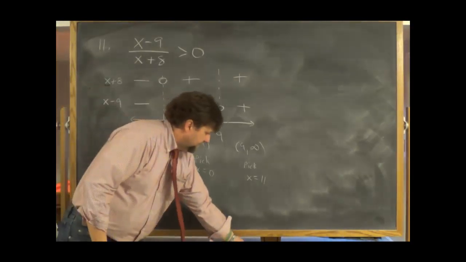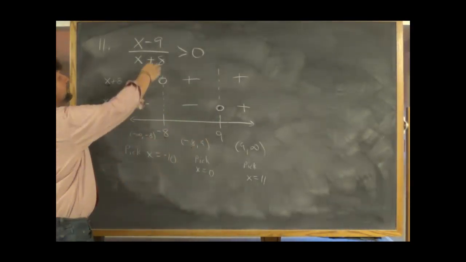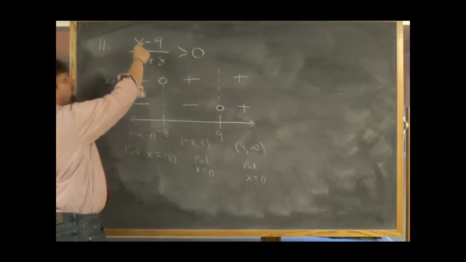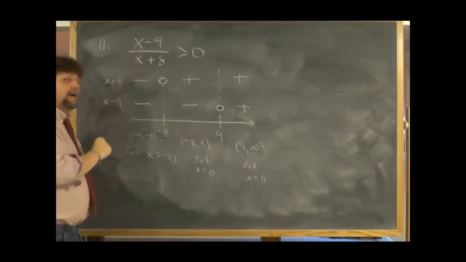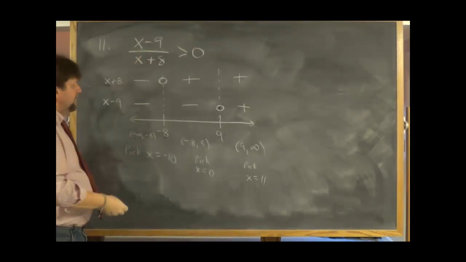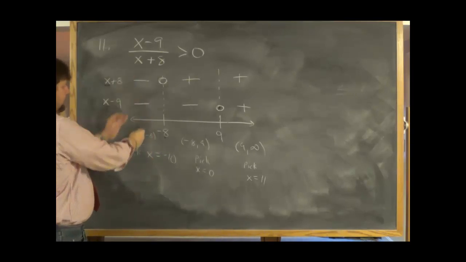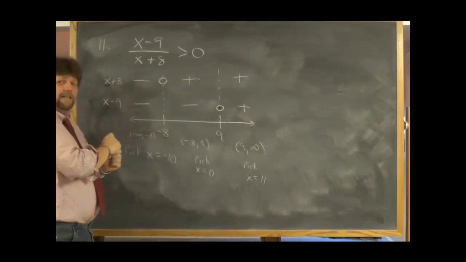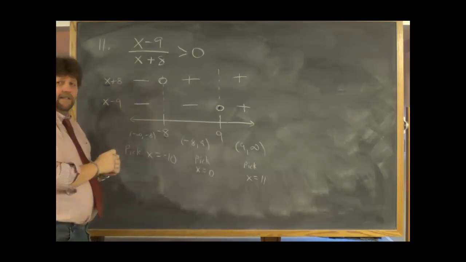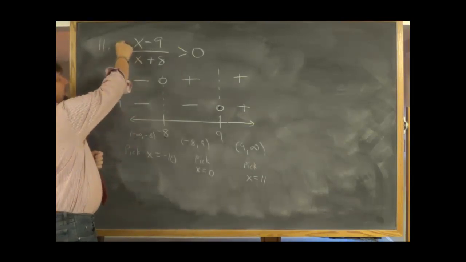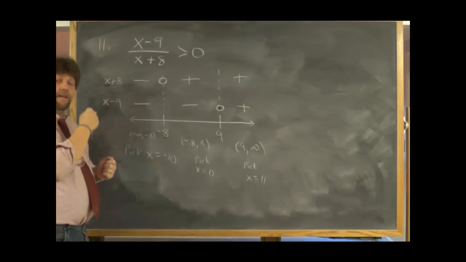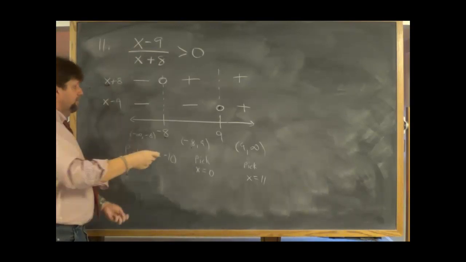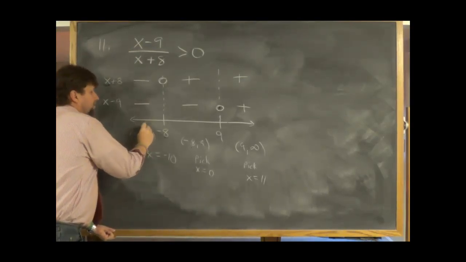And now here's the key. Look at your original inequality. You're taking x minus 9 and dividing it by x plus 8. On the interval negative infinity to negative 8, x plus 8 is negative and x minus 9 is negative. Negative divided by negative will be positive.